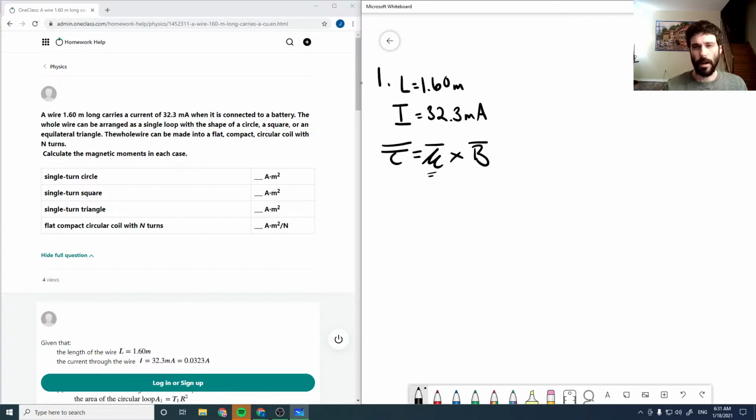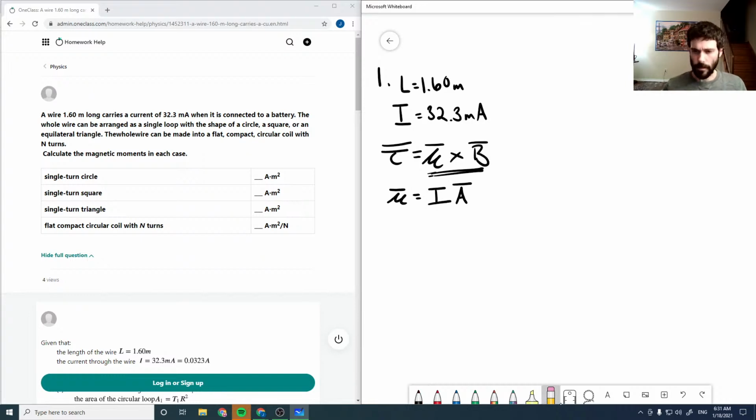The way you can define it is by expanding what you would expect the torque to be and getting it into this form, and then what comes out is the magnetic moment. Now for symmetric shapes like this, our magnetic moment is going to come out to be IA.